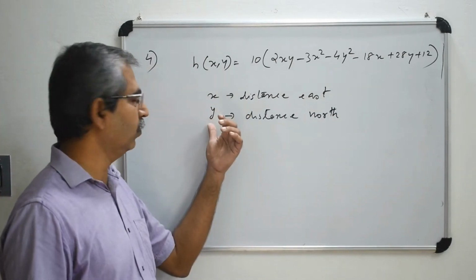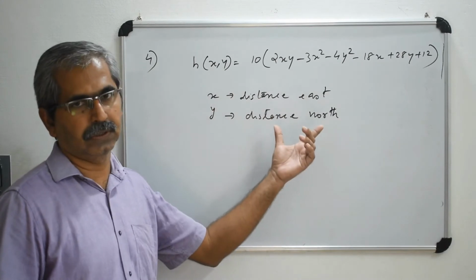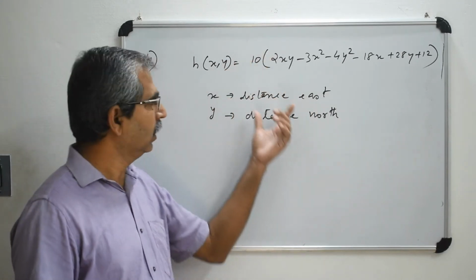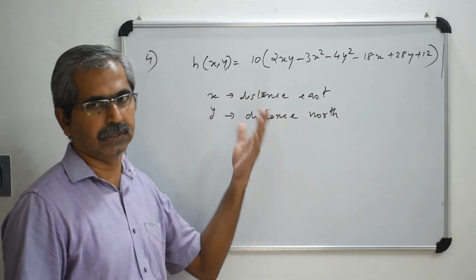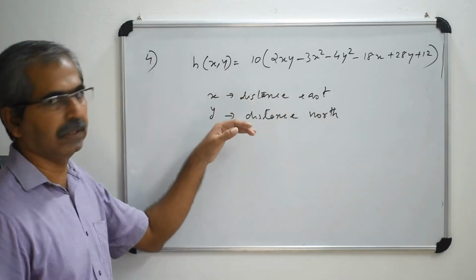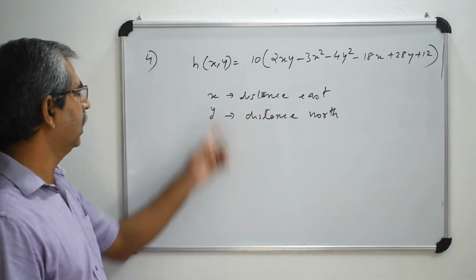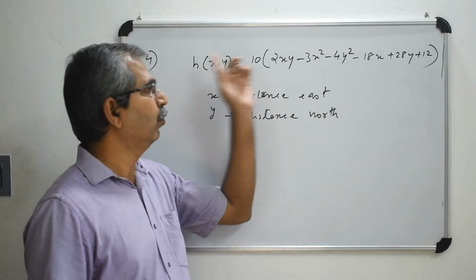Okay, so x and y are in miles. This is a problem from Grewal's textbook. That is why, if you want kilometers, then x and y are in kilometers. In the question it is given that the unit is in miles and h is in feet.